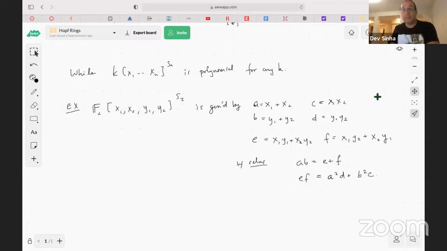And the number of relations just explodes as the number of variables gets large, both the sets of variables and the number of variables within each set. So it's a hard thing to tame, and again, the point is going to be to give one way to tame them.